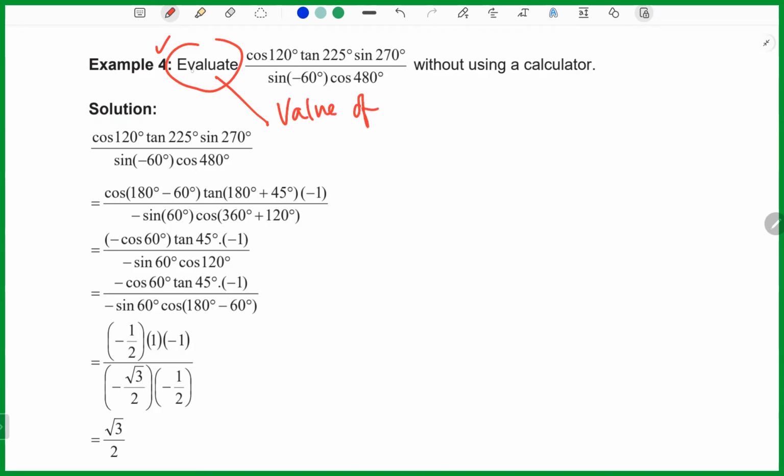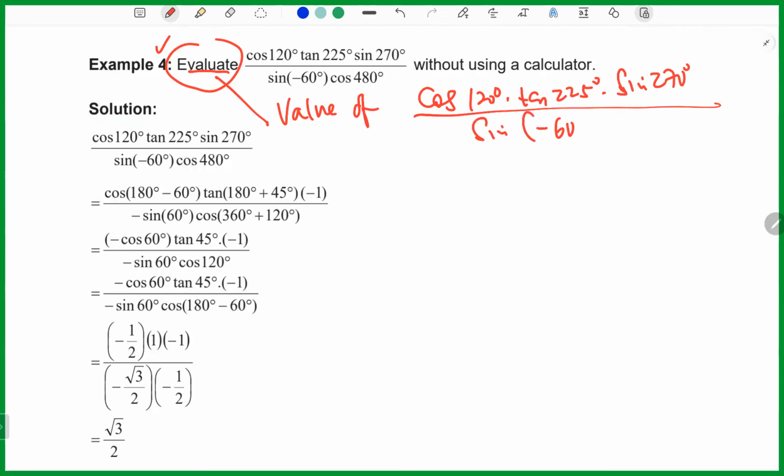So we have the cosine of 120 degrees times the tangent of 225 degrees. I'm going to test you with these kinds of things, because these are the questions that come in the matric finals. The examiners use exactly this book to set the final paper. So just be ready.